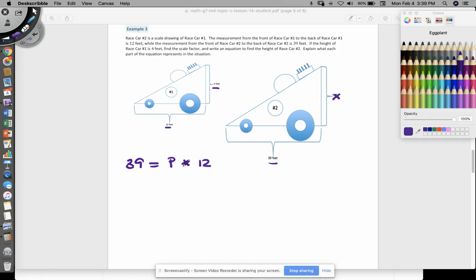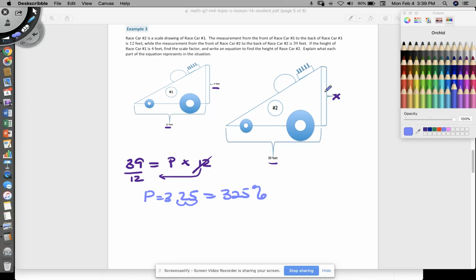All right, so 12 times what gives me 39? So I'm going to divide this 12 out. And on my calculator, I get 3.25. As a percent, remember you move it 2 places to the right, I get 325%.